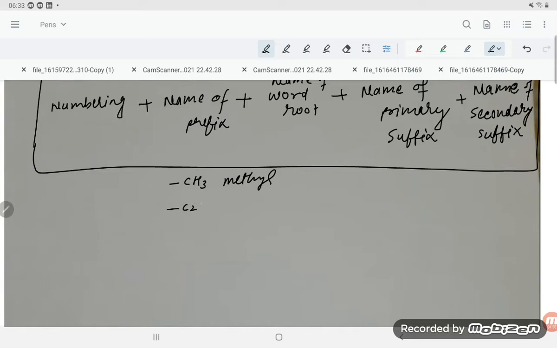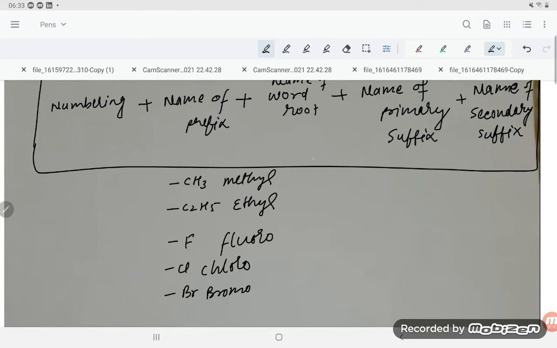If we have a C2H5 group, its name is ethyl. If we have an F group, that is named fluoro. If Cl is there, that is named chloro. If Br is there, that is known as bromo, right?